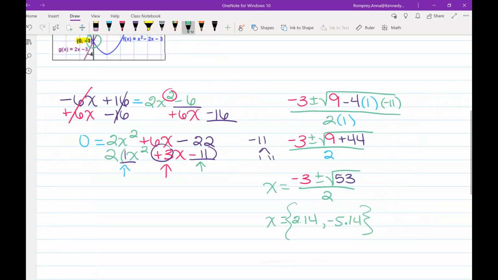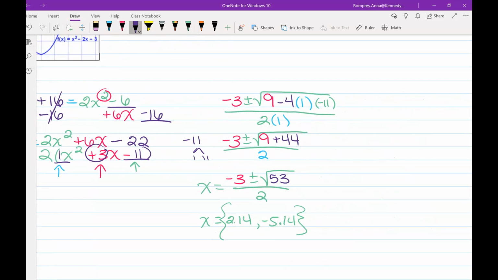So negative 6x plus 16. So I'm plugging in 2.14. And then I'm going to do it again with my negative 5.14.